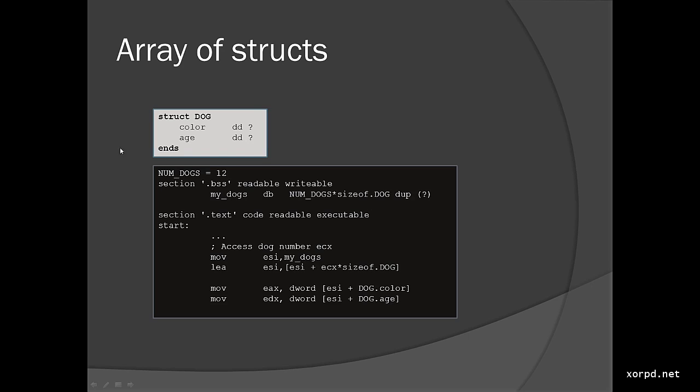In this example, numDogs equals 12, and the size of the dog structure is exactly 8 bytes, which means that the total size that I have to allocate to have an array of 12 dogs is going to be 12 times 8, which is 96. So this is going to allocate 96 bytes in the BSS section.